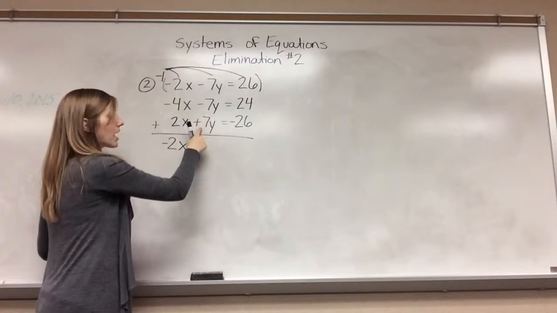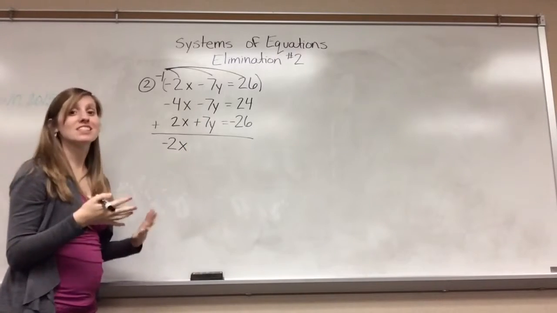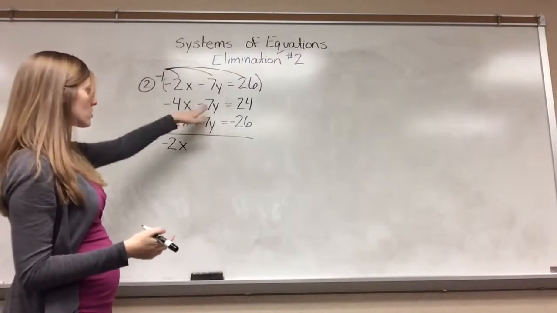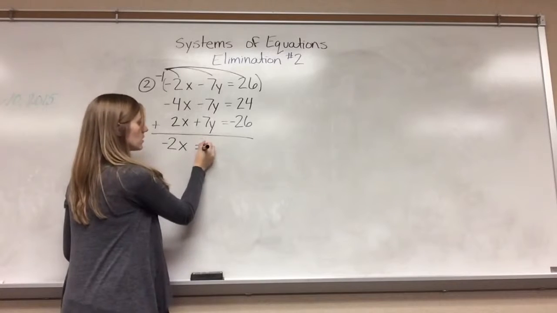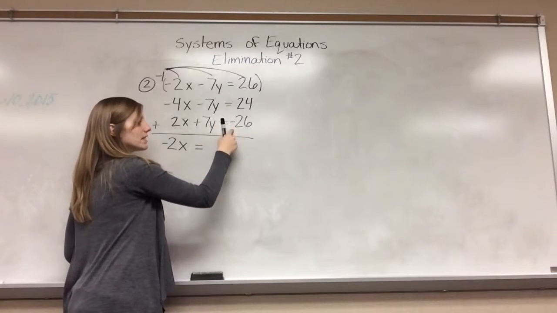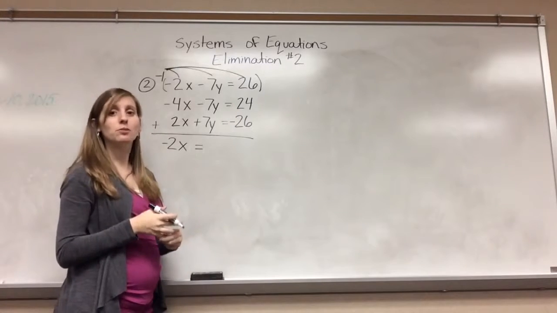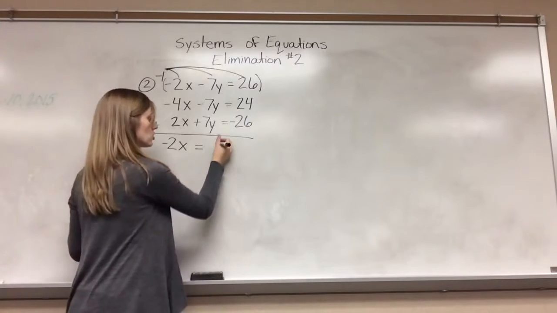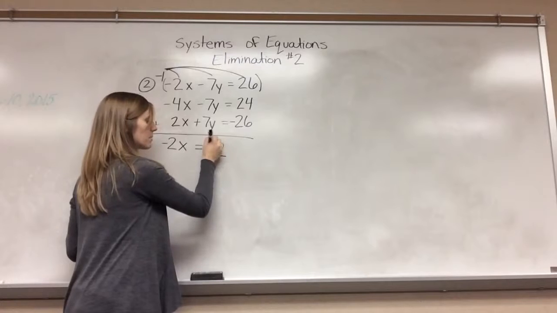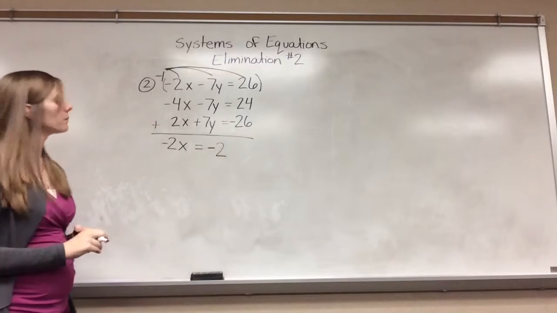Negative 7y and positive 7y cancel, which is exactly what I wanted. And this equals 24 plus negative 26. The signs are different, so I subtract those. 26 minus 24 is 2. And I keep the sign of the bigger number, so it's negative 2.